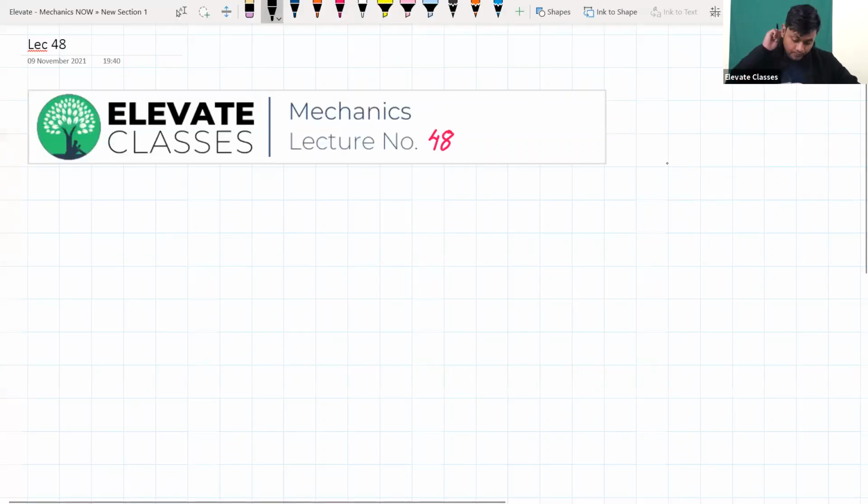I derived the Euler's equation of motion.